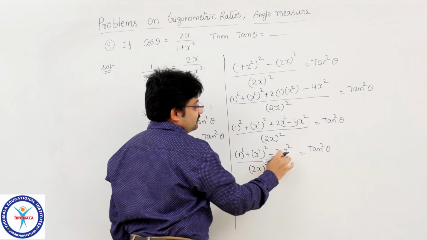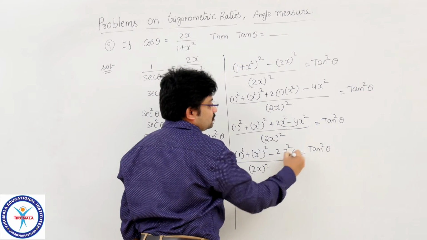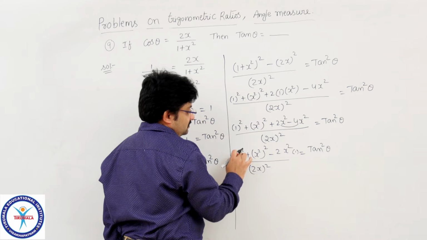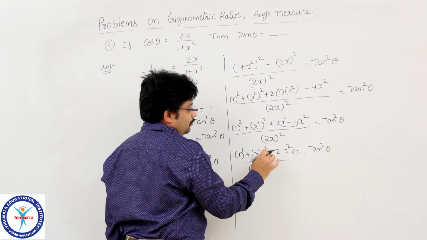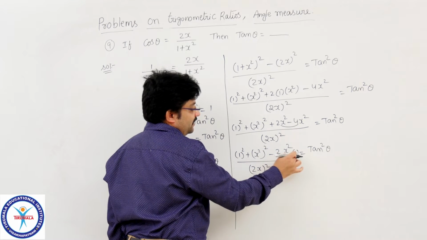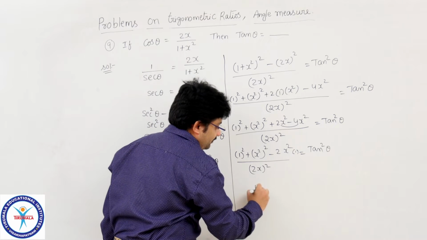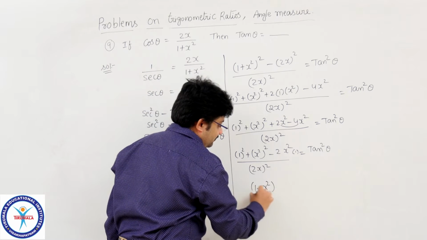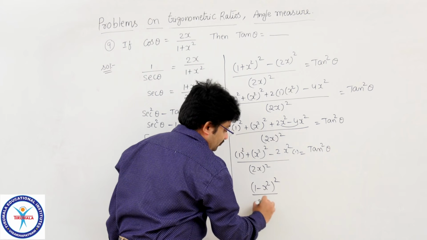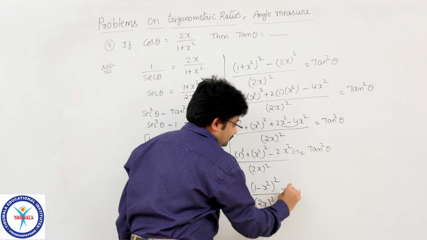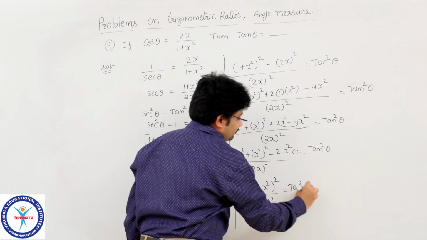Here 2x square can be written as 2 into x square also. Here a square plus b square minus 2ab, that is a minus b whole square, it becomes 1 minus x square whole square by 2x whole square is equal to tan square theta.